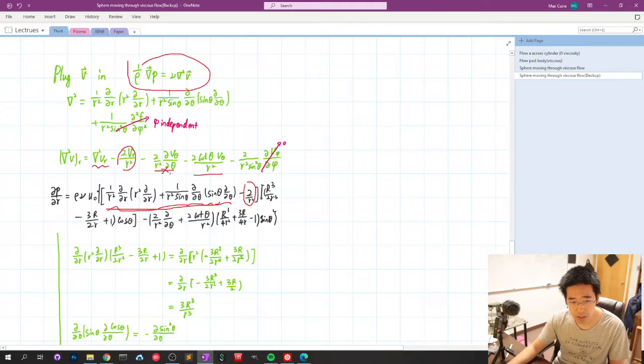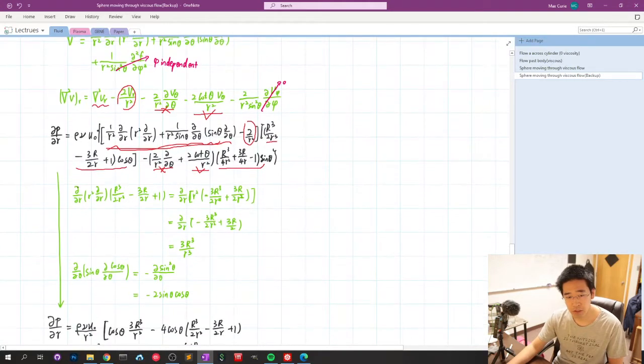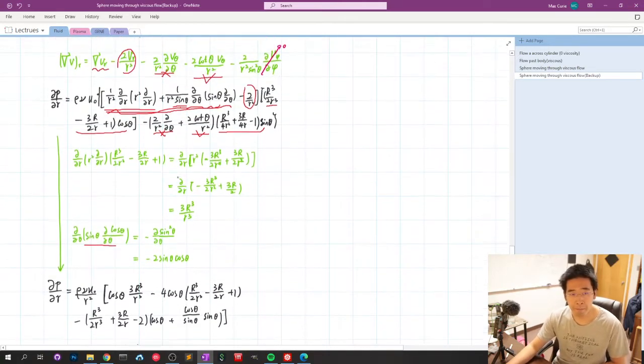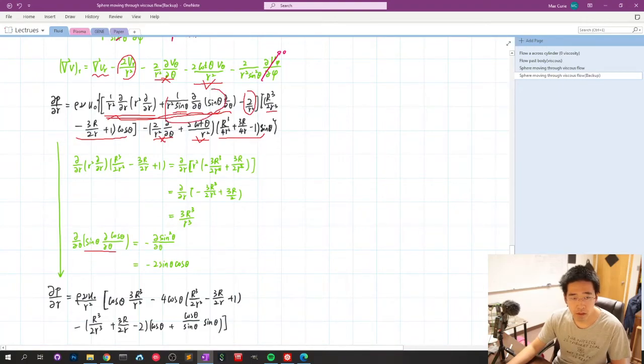Let's just put an x, and this is here, and this, let's put a check. So this is V_theta, and this is V_r. And then we do some algebra. This is basically checking on here, and this is here. This is this.